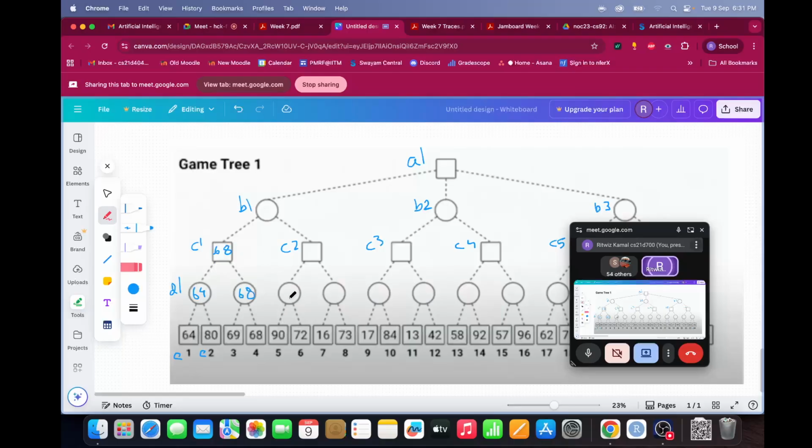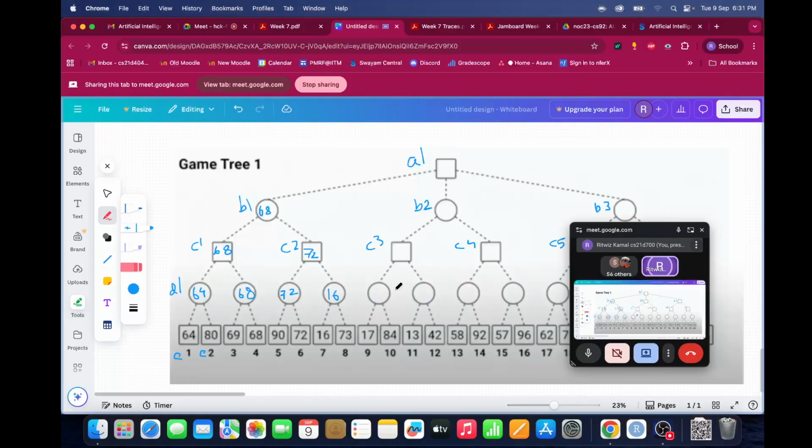Now coming to this node, the minimum of 90 and 72 will have 72. The minimum of 16 and 73 will have 16, and the maximum of 72 and 16 will have 72 here. The minimum of 68 and 72 will be filled in B1, which will be 68.